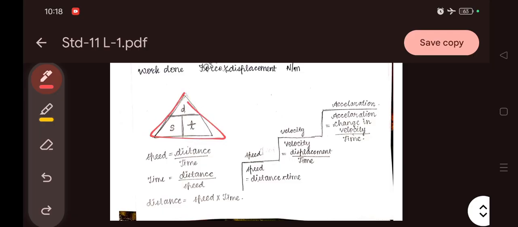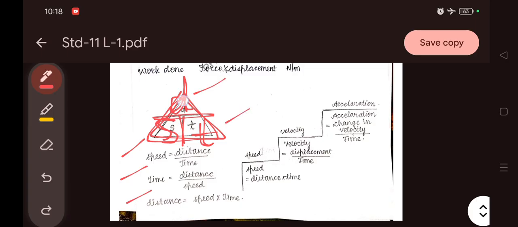Whenever you want to recall how to define speed, time, or distance, you draw a triangle, make 3 sections out of it, and write S, D and T. If you want to define S, it is nothing but the ratio of D upon T. S is nothing but distance upon time.